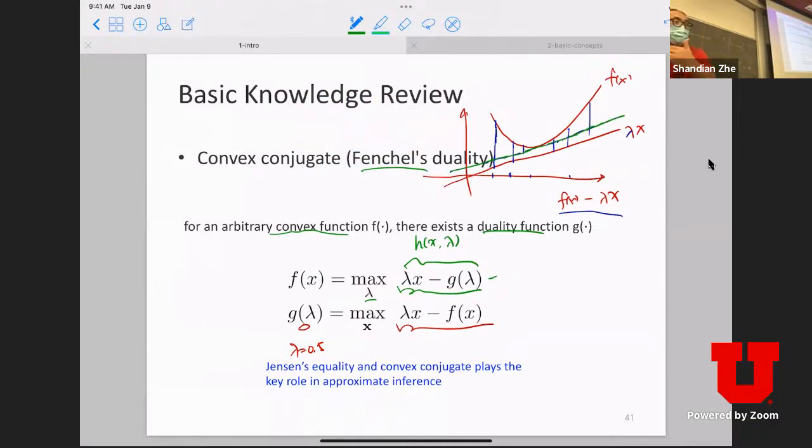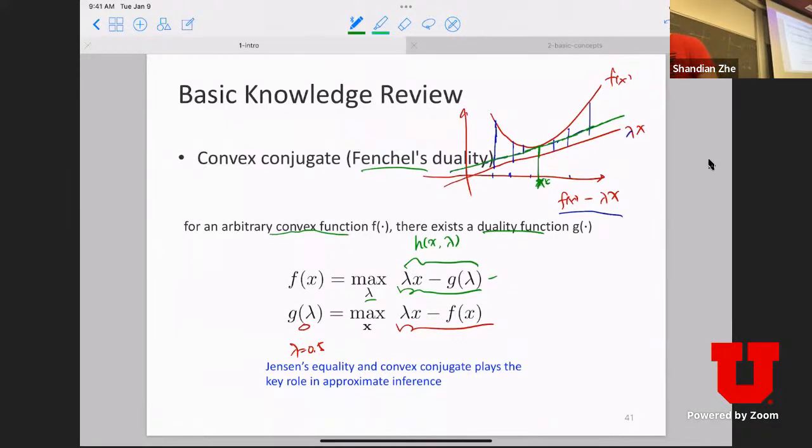You move them to the right point where you only have one point that overlaps with f of x. At this position, the x star, your lambda x, this line, when we move up, contacts with f of x. At this point, the difference between f of x and lambda x is the minimum.